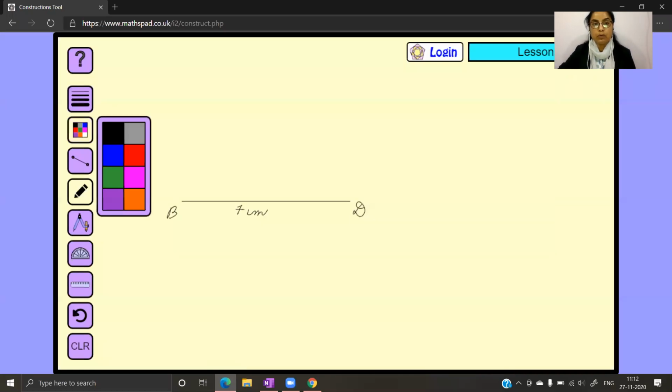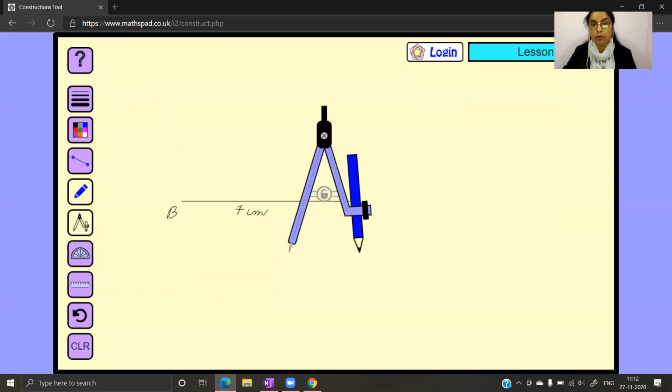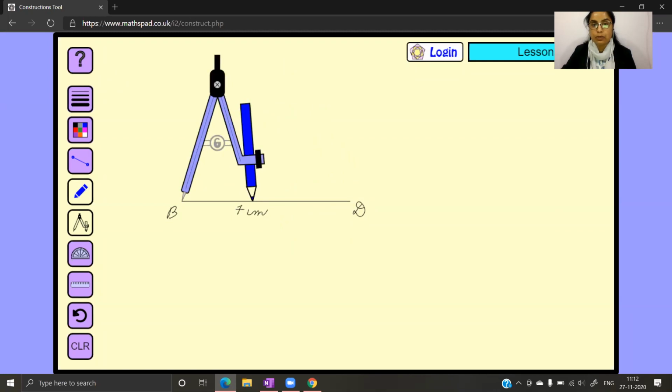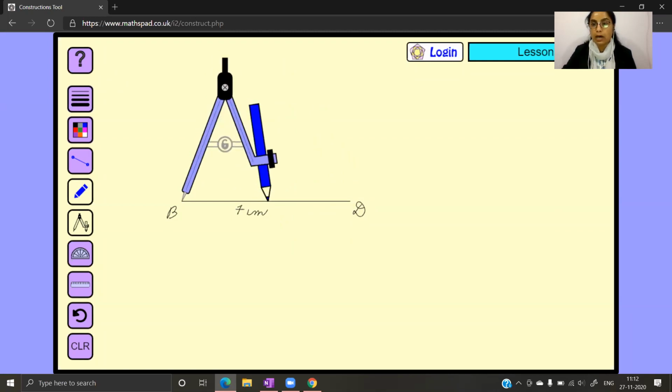The next step will be to construct the perpendicular bisector for this line segment, and that will be done with the help of a pair of compasses. So if you have forgotten, right now looking at the way the compass is placed, you can see it's almost reaching the half. We want to open it more than half.